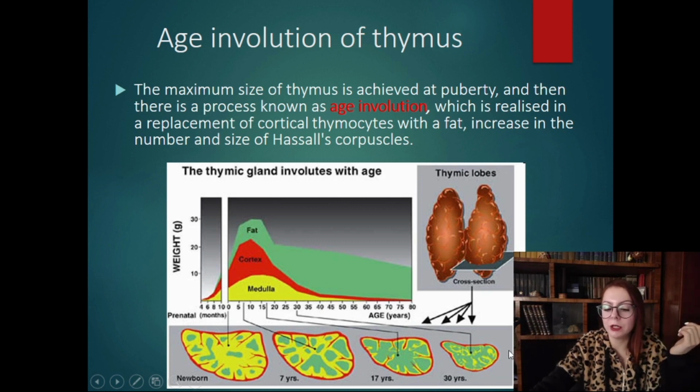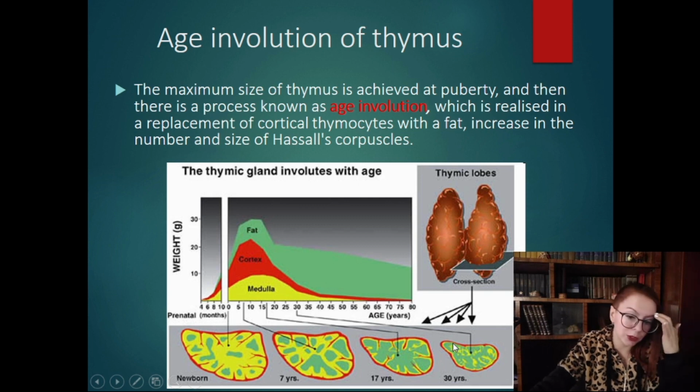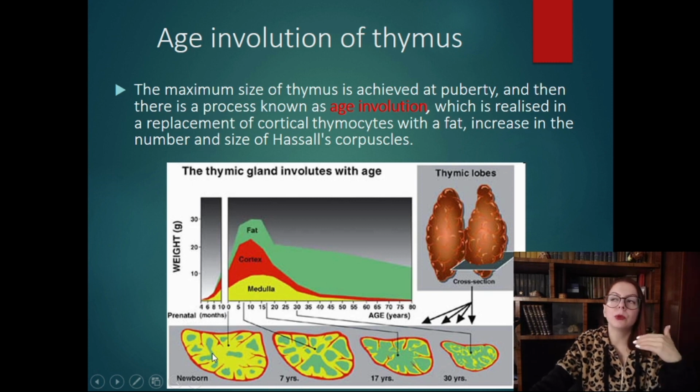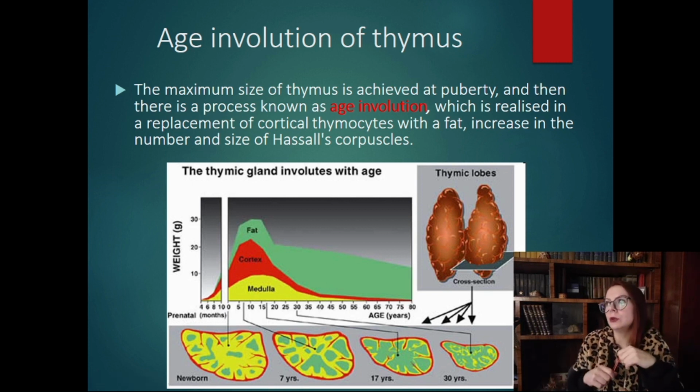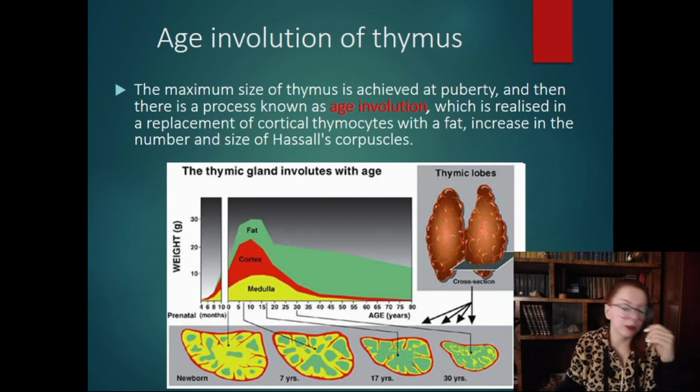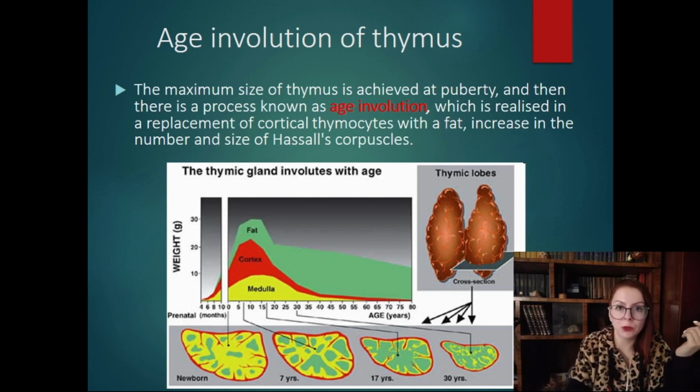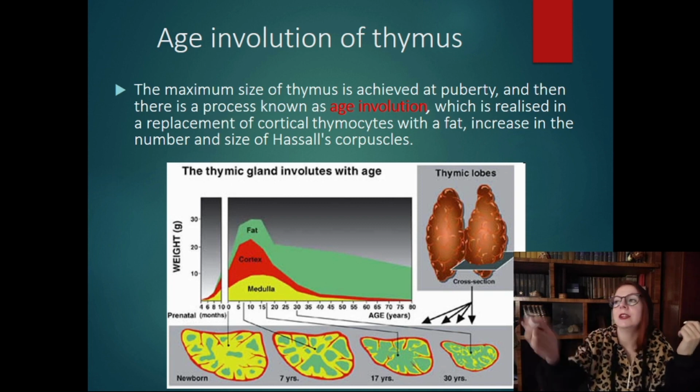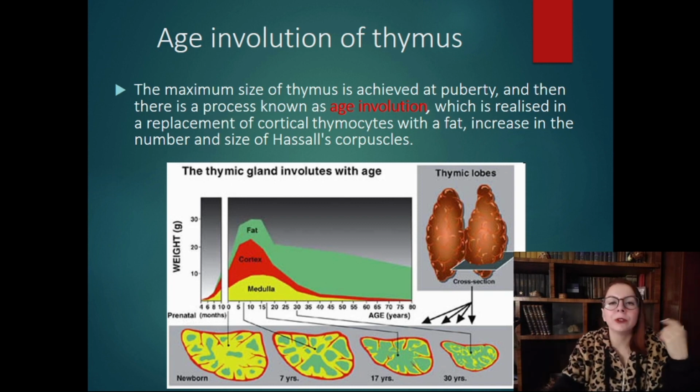And here is how a mature thymus looks like at the age of 30. Compare with a newborn child. So there is nothing maybe unusual because all organs with aging get replaced with fat or connective tissue. But what's unusual with the thymus is that the involution starts very early, just after the puberty.